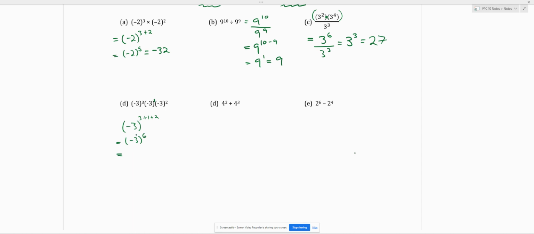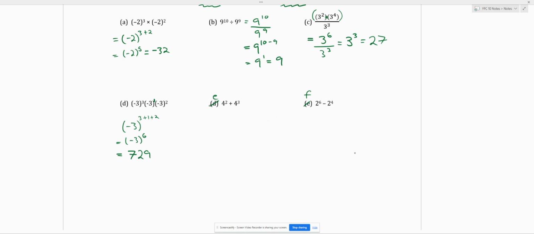We have 6 negatives, so it's going to be positive overall. And if you put that in your calculator, you're going to get 729. Again, positive. Okay, sorry about the typo here. This should say E and this should say F.